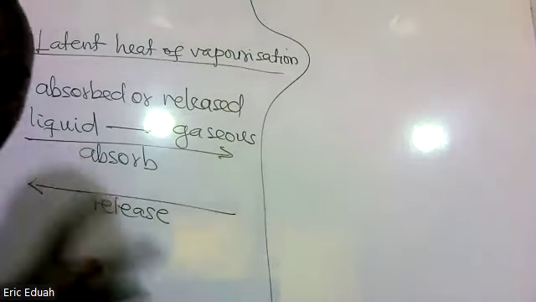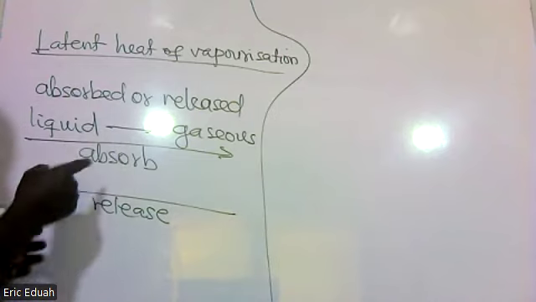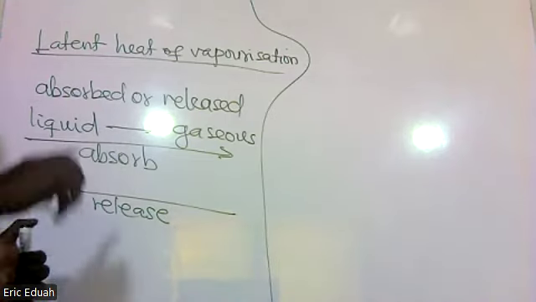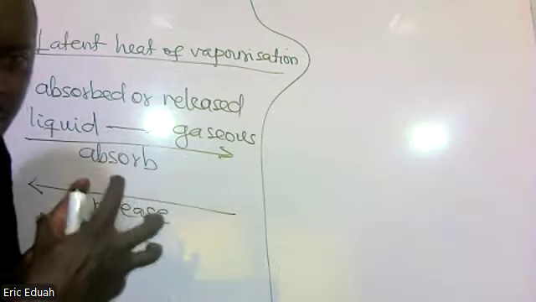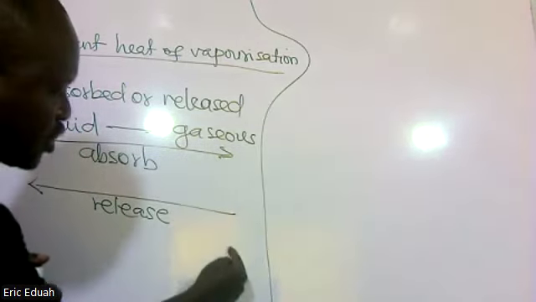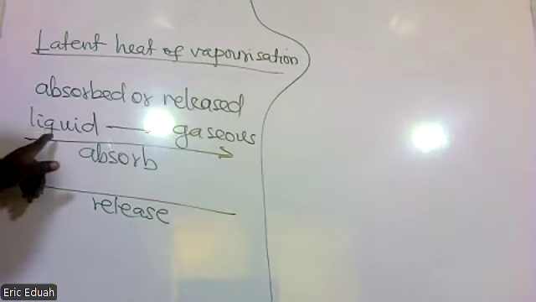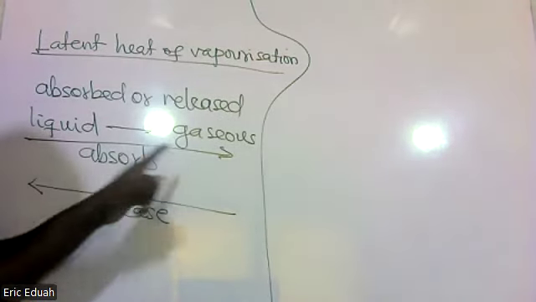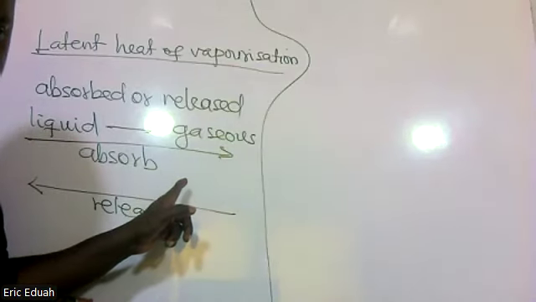So for pure substances, the amount of heat energy to be absorbed to change it from liquid to gaseous is the same amount of heat energy that will be released when it is changing from gaseous back to liquid. Too, changing state from liquid to gaseous occurs at the boiling point of the substance.